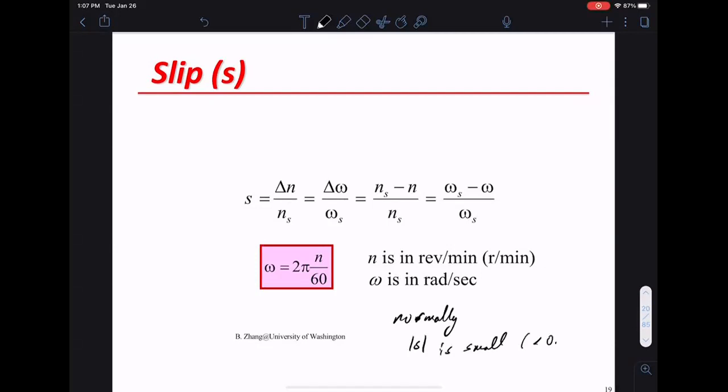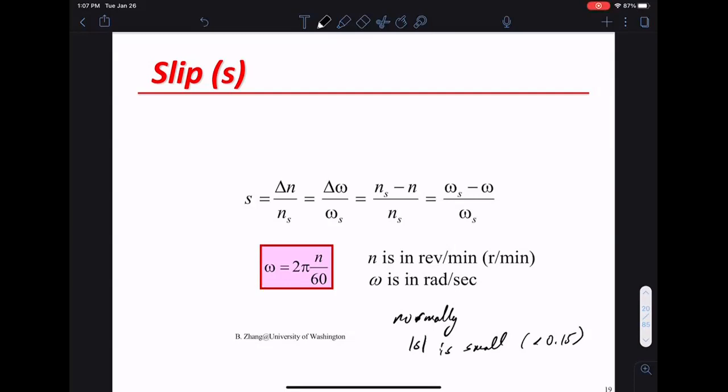Say, less than 0.1, definitely less than 0.15. So slip is operating over a quite narrow range. If you ever get a machine with a slip of 0.5, run away very fast from the machine.